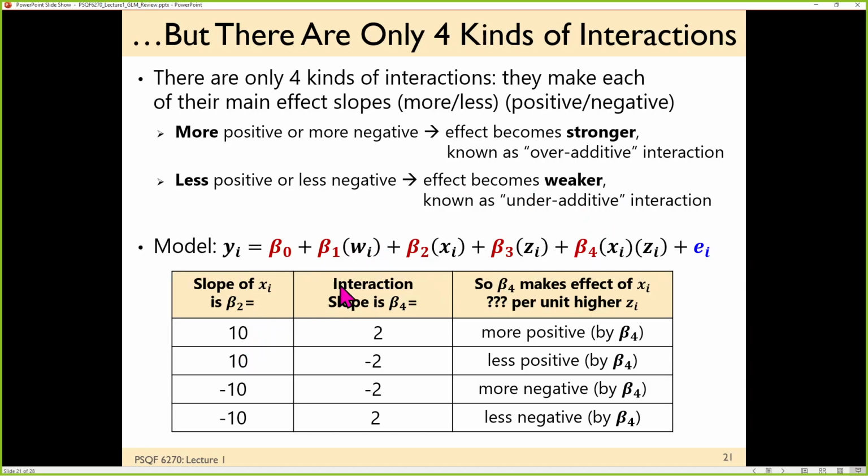So if I have this model again, same idea here. If my slope of X at beta 2 is 10, let's say, and the beta 4 coefficient for the interaction term between X and Z is 2, then the way I would talk about this is for every unit higher Z, the slope of X that was 10 becomes more positive by 2.